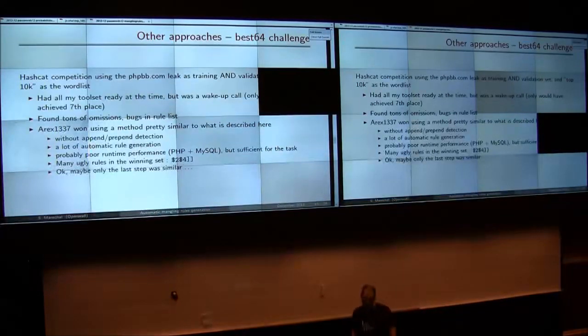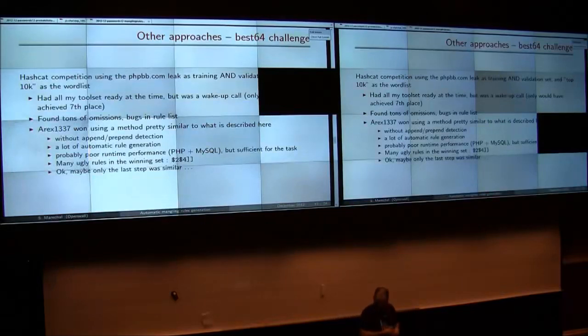So what it did was pretty similar to what is described here, except it did not do appending and prepending discovery, which means that it just had the rules already baked with append and prepend. We had a lot of rules that were automatically generated, that I suppose this solution would not have scaled, because of the choice of technology, yet it was extremely pertinent given that it was made in basically a few hours, and that it won.